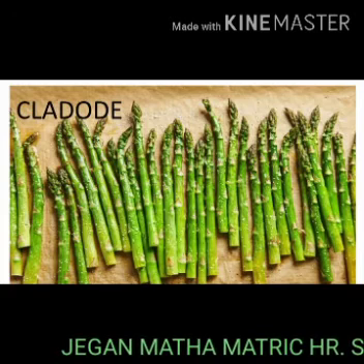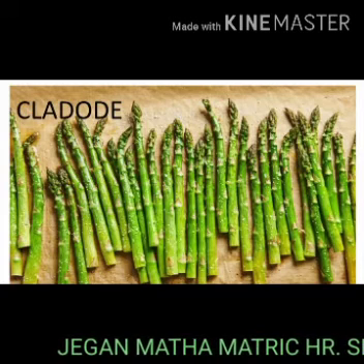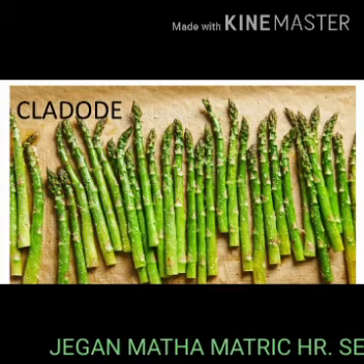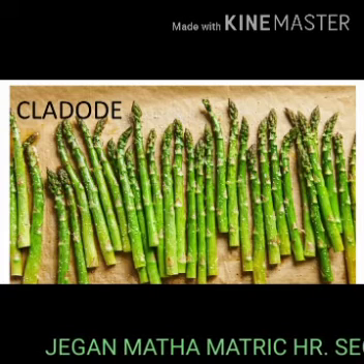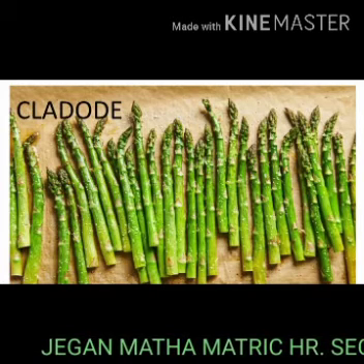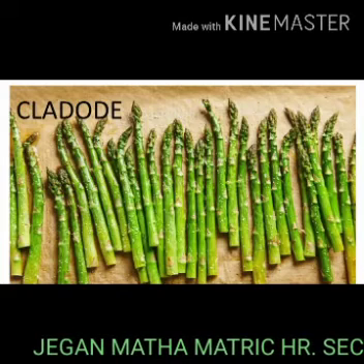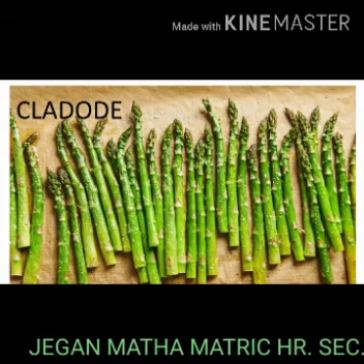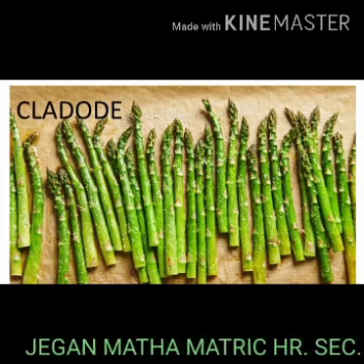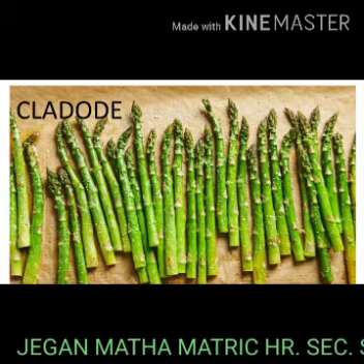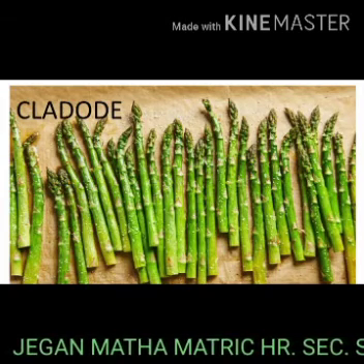Cladode. Cladode is a flattened or cylindrical stem similar to phylloclade but with one or two internodes only. Their stem nature is evident by the fact that they bear buds, scales, and flowers. Example, asparagus.